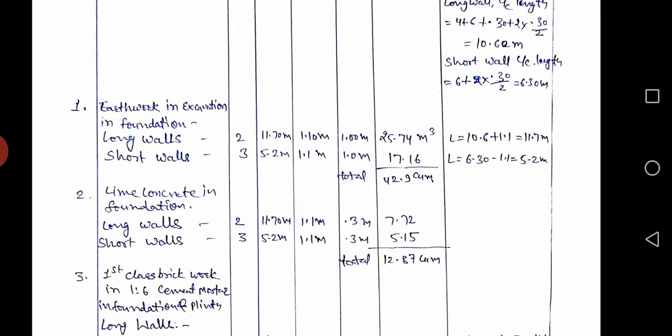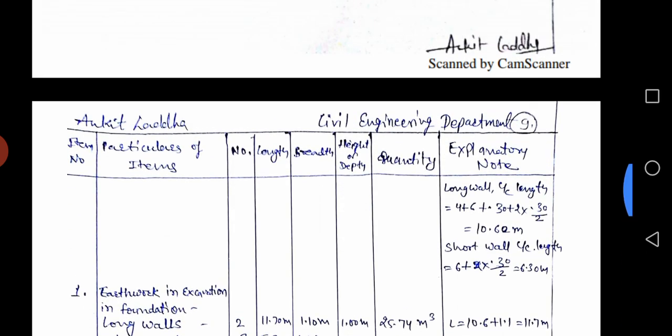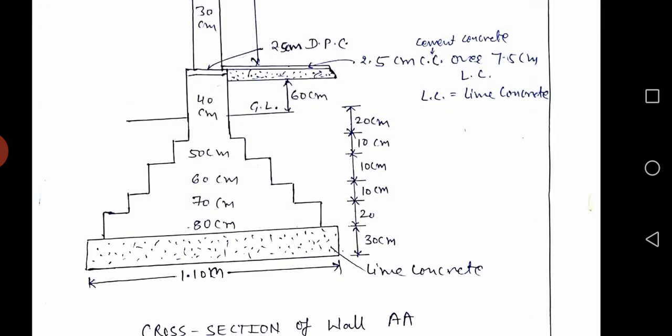Then for long wall and short wall we calculated the length. The width is 1.1 meter for both, and height is 1 meter for both long wall and short wall. For the earthwork in excavation, we all know that the earthwork is calculated under the ground level.